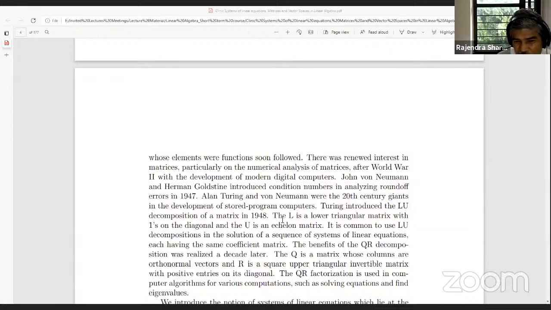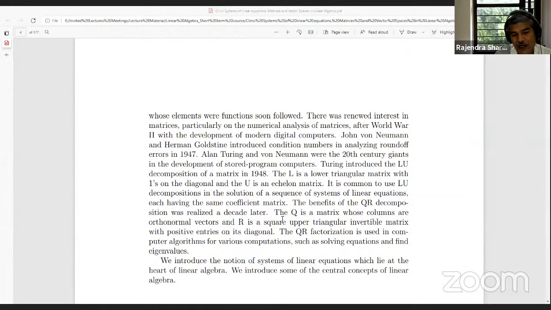Q denotes the matrix whose columns are orthonormal, that is, with norm 1, and R a square upper triangular invertible matrix with positive entries on its diagonal. The QR factorization is used in computer algorithms for various computations, such as solving equations and finding eigenvalues.